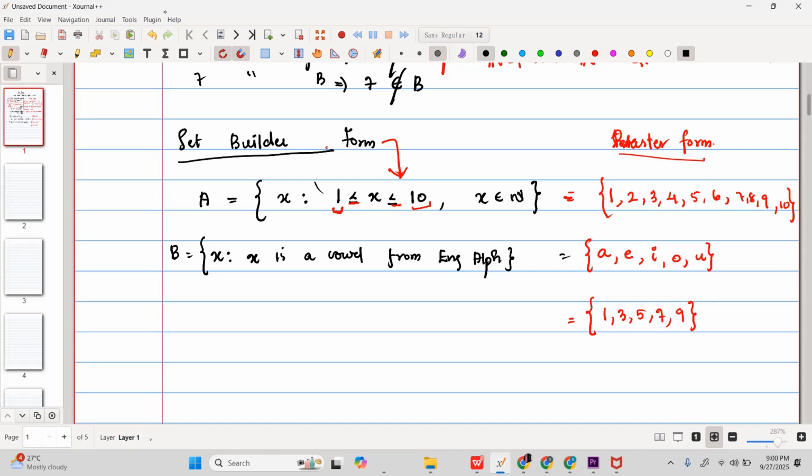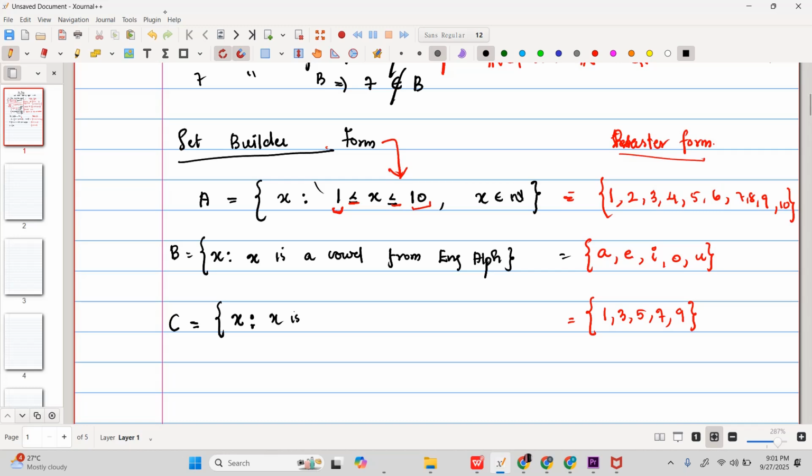I am giving the set name as capital C, which is the collection of all x such that, what is the specification of that set? The set containing the odd numbers, right? Odd numbers from where to where? From 1 to 9.